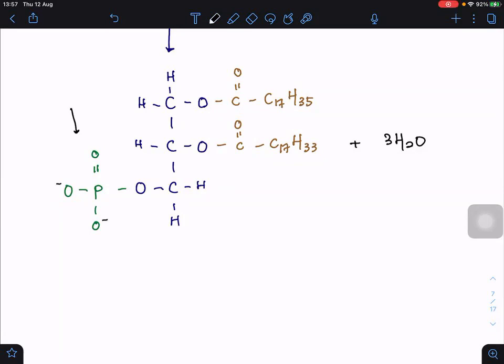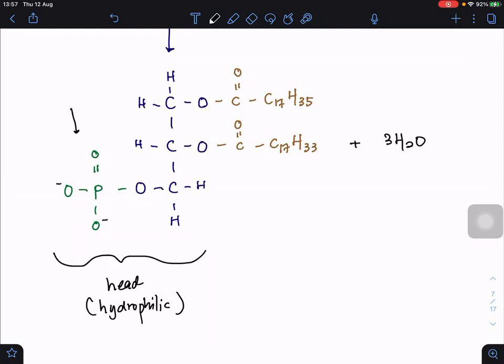When they donate the protons, this part is charged negative, making the entire head hydrophilic. Because they are negatively charged, they can interact with water molecules, which we're going to learn in the next topic: how water molecules interact with charged particles.